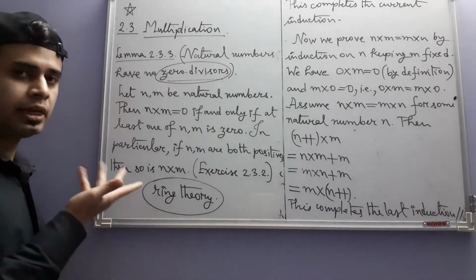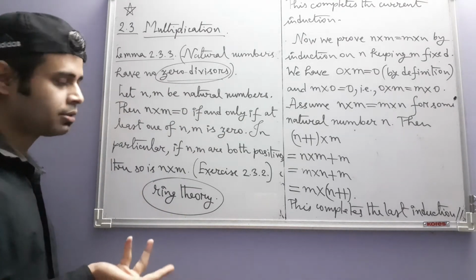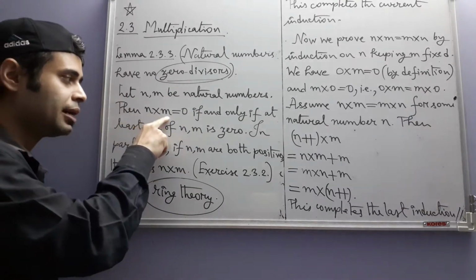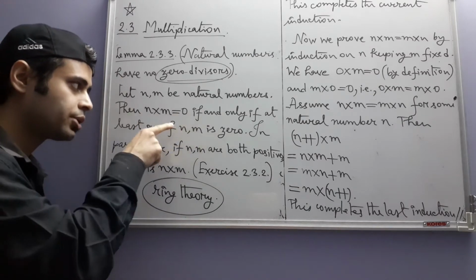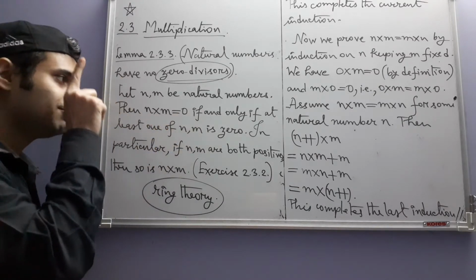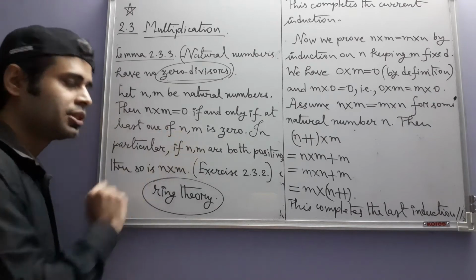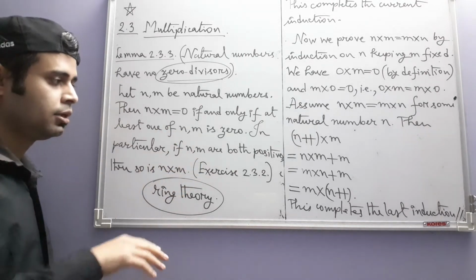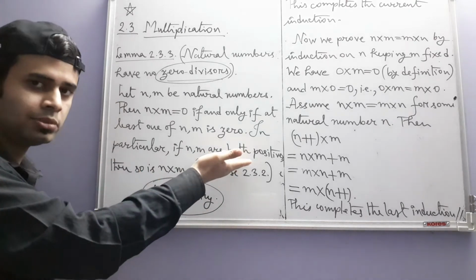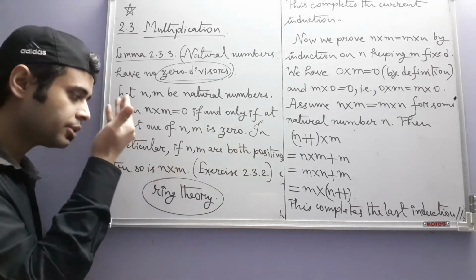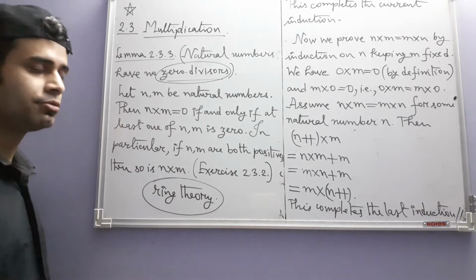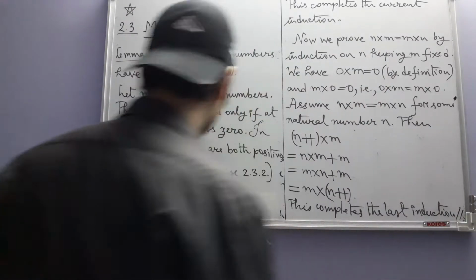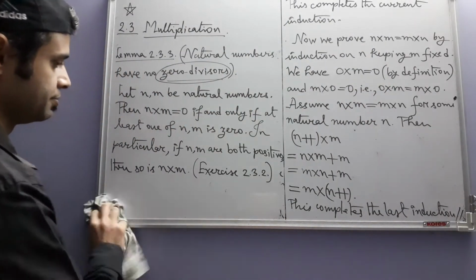Now this is something again what we already expect. When we multiply two natural numbers, that product is 0 if and only if at least one of them is 0. In particular, if both are non-zero, and that's what positivity means, then the product is also positive or non-zero. So we now prove it.